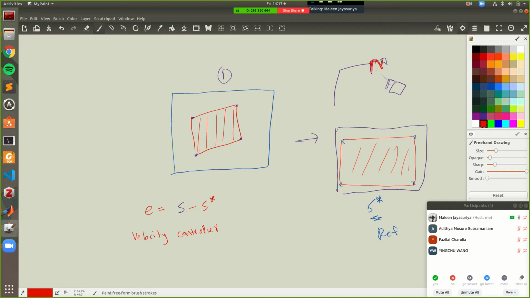So imagine we have the velocity of this arm's gripper. And let's think of a situation where the camera is attached to the arm itself. In that case, the camera's velocity is the same as the gripper's velocity, because they're attached together. But ultimately, what we're trying to control is the gripper's velocity, because we are trying to get the gripper to come close here and pick this up.